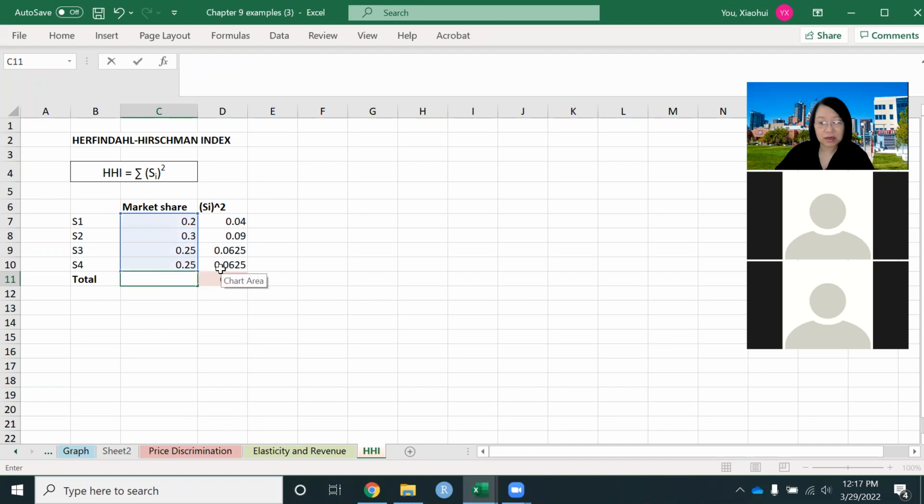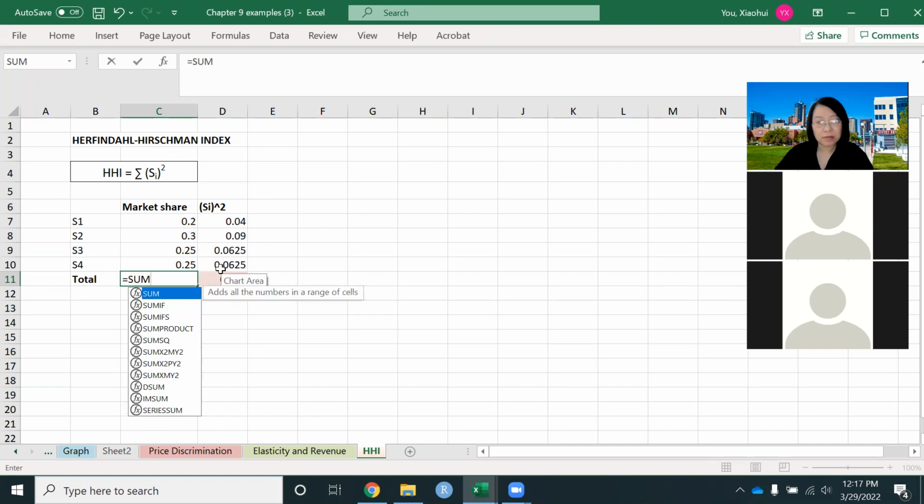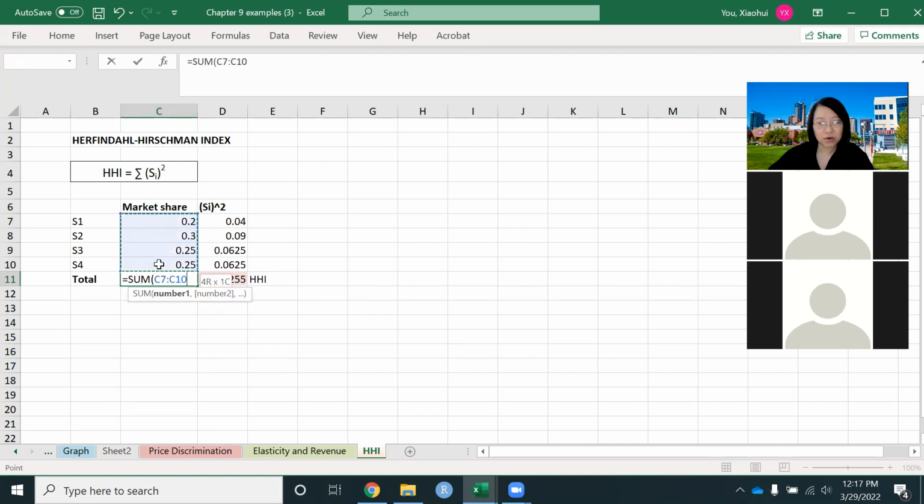Let me do the calculation: equal to sum, then parentheses, choose all these values, close the parentheses, enter. See, equal to 1, right? So this is something we need to remember: all the firms' shares added together should be equal to 1.